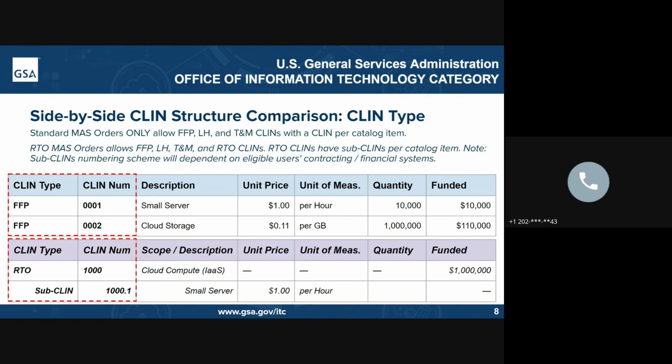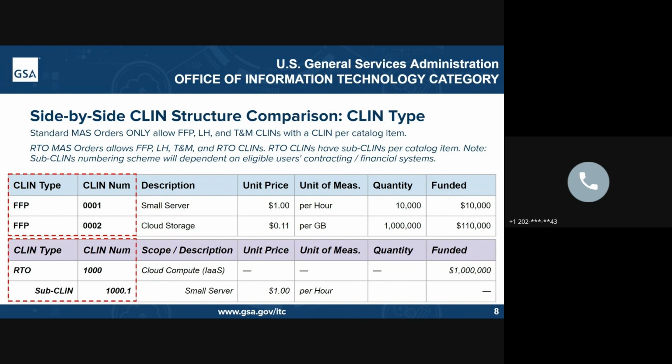So right here and now, we're going to focus on the CLIN types. When we look at the standard MAS order, again, you'll see that the CLIN type is defined. The CLIN numbers are normally sequential or are unique for each item. Now when we look at the requirements task order, you'll notice again, the requirements task order has a CLIN number, but now we've introduced subCLINs.